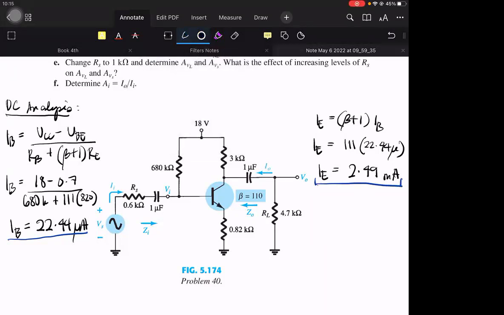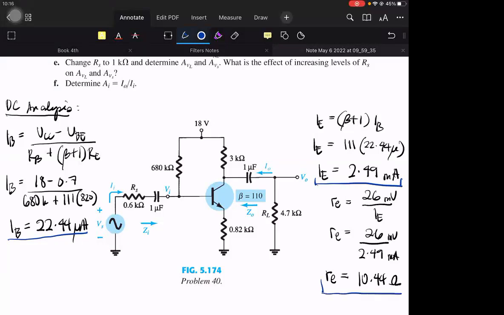After IE, the next one is small re. Small re is 26 millivolts over IE. Since both are in milli units, it's just 26 divided by 2.49. Therefore, small re is 10.44 ohms.